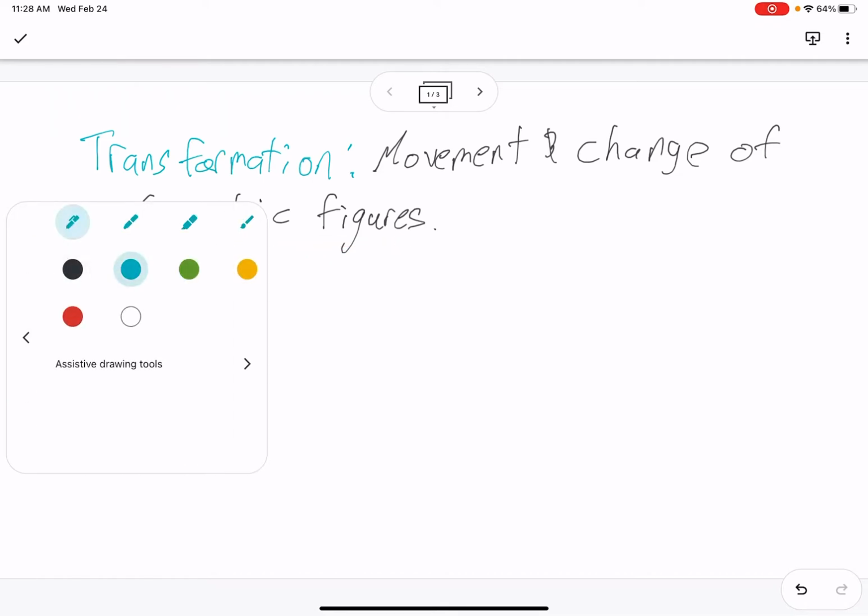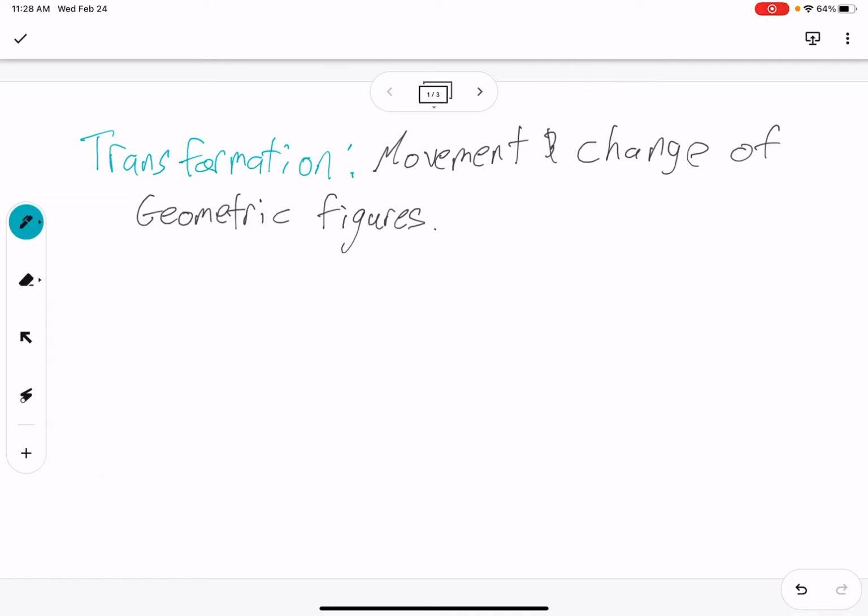So the next thing I want you to write down, the next word is translation. This is the first type of transformation. So that being said, translations are sometimes called a slide.